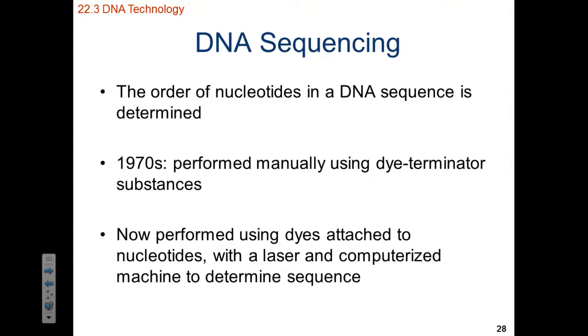Now we still use those dyes, but we no longer have the terminator substance. Instead, we are going to reproduce the genome, and then it will glow different colors. And those different colors are read by a laser, and instead of having many hundreds of thousands of small fragments that need to be arranged in order from longest to shortest, we instead have one fragment that's read linearly by a machine that looks at the color each nucleotide glows.